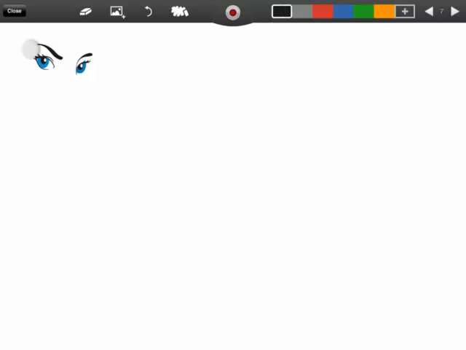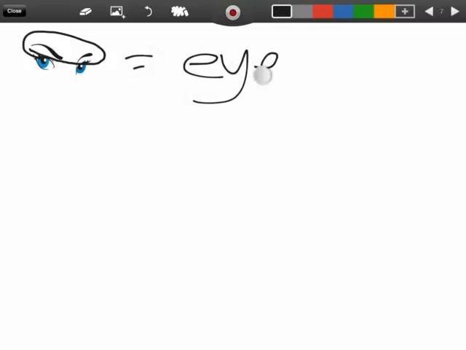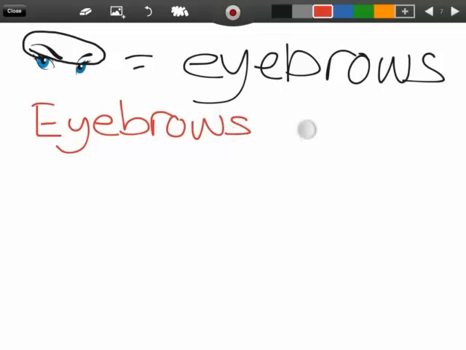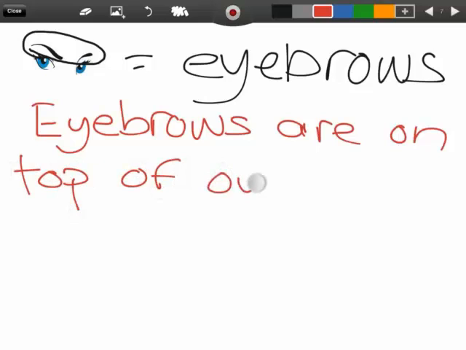Now, moving on to my next body parts. Actually, I'm going to go ahead and circle this. And this is called eyebrows. And what are eyebrows for? Or what are they? Eyebrows are on top of our eyes.